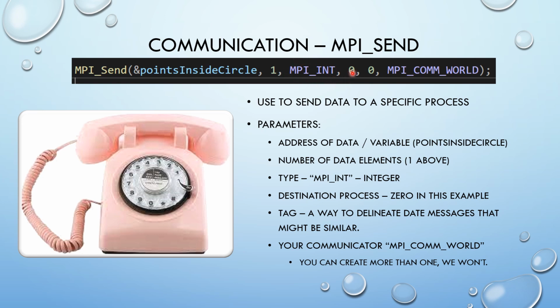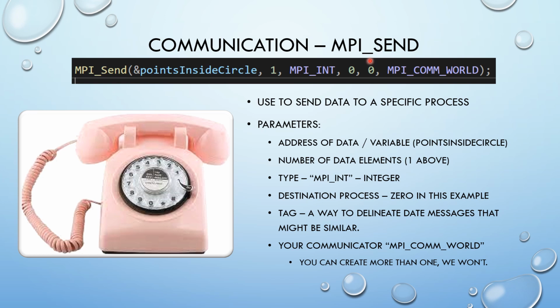And then the fourth one is the destination process. By convention, we're going to let process 0 be the master process, and so we're going to send our data to process 0 here. And then finally, this 0 is a tag. Now, it might be that you're sending 2 bits of data to process 0, and they're both integers.